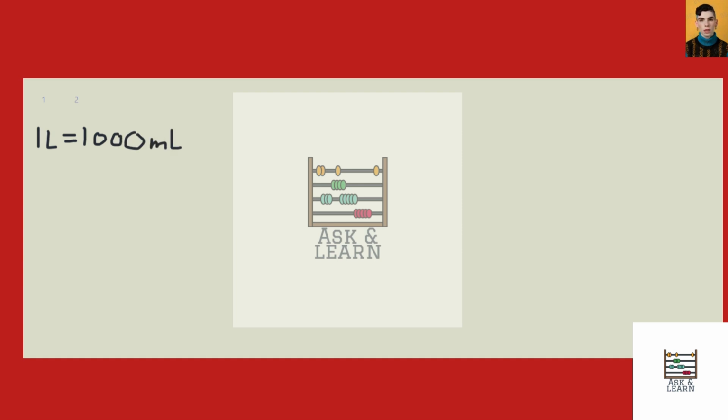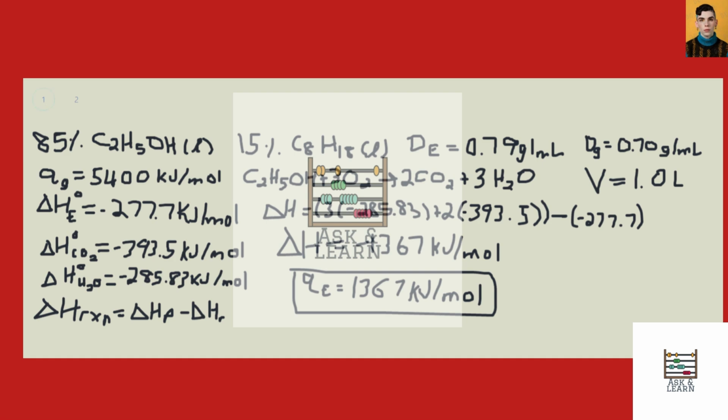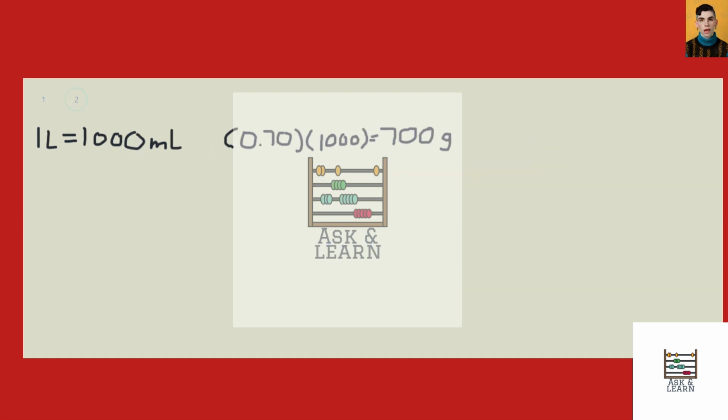Now we have 0.70 times 1,000, which is equal to 700 grams of our gasoline. Then 0.79 times 1,000 is equal to 790 grams.